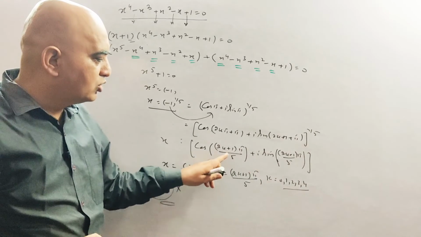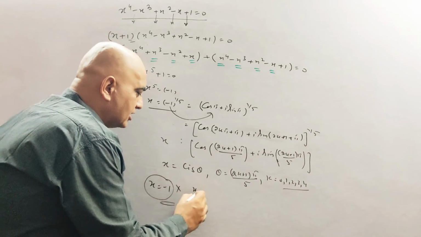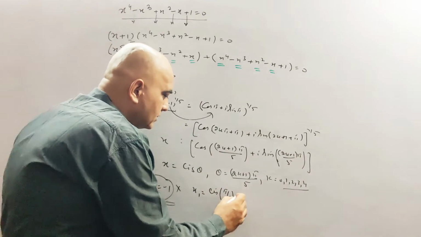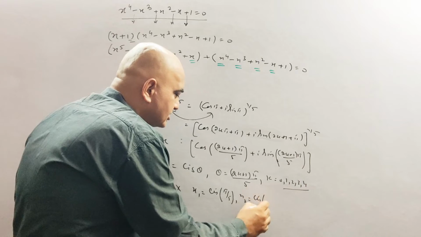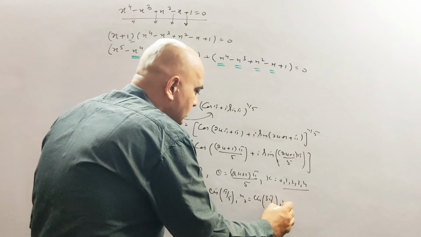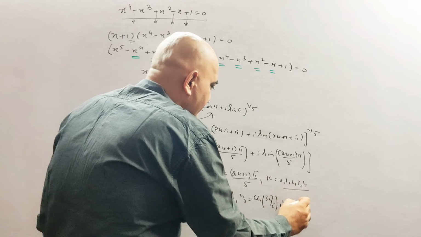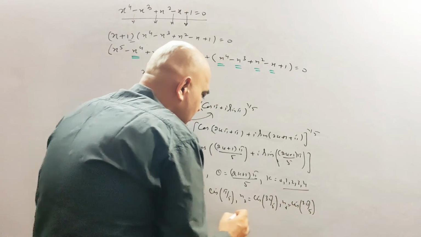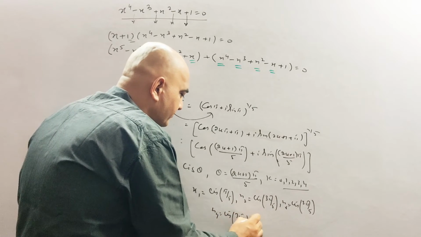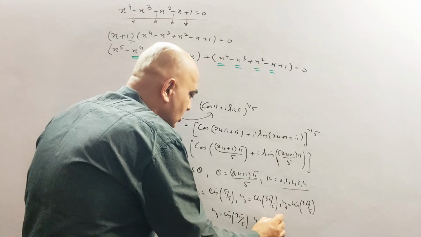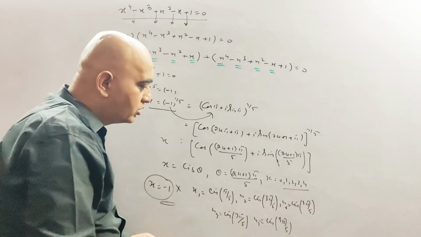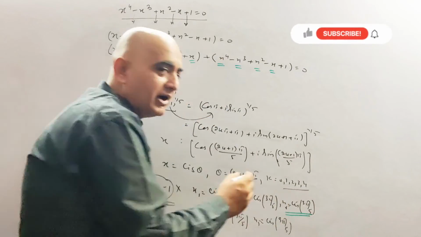तो अगर मैं इसमें 0 put करता हूं, suppose we are taking 0, then we have cis of pi by 5 and x2 is the another root. Cis of, when you put 1, that is 3 pi by 5. x3 is cis of 5 pi by 5 and x4 is cis of 7 pi by 5. x5 is cis of 9 pi by 5 and this is our extra root because this value is minus 1.